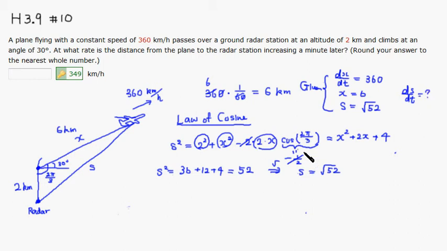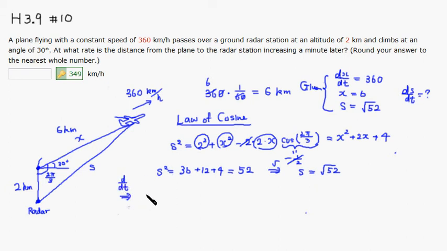So we can easily use this equation: s squared is equal to x squared plus 2x plus 4. By just taking a derivative, we can create ds over dt and dx over dt. So let's take the derivative of s squared with respect to t.